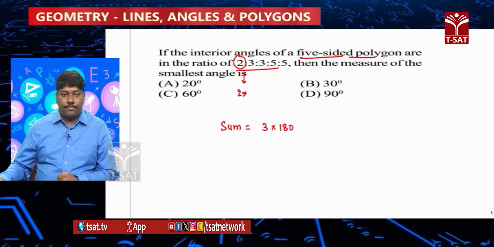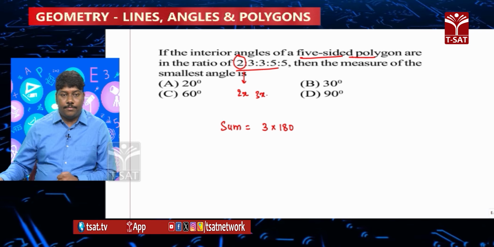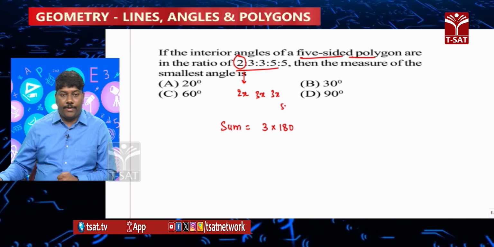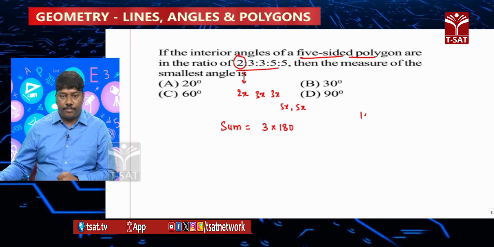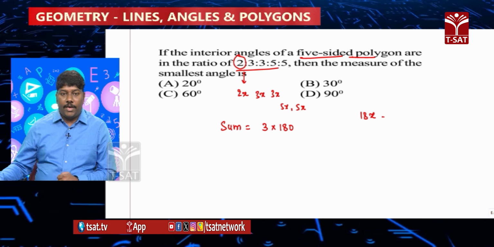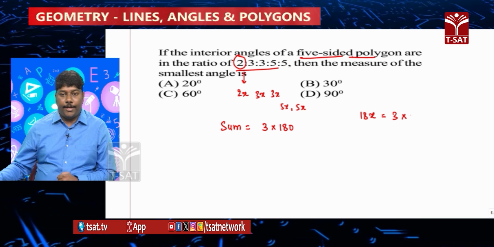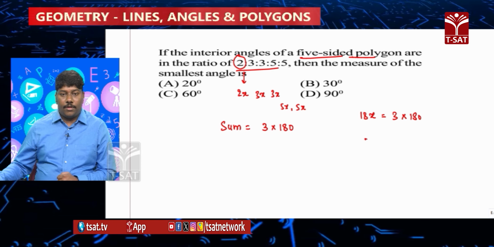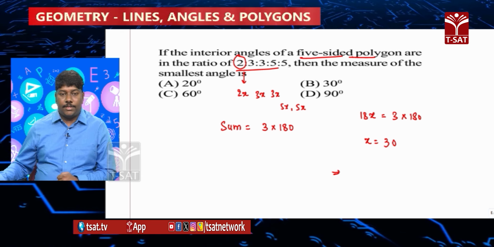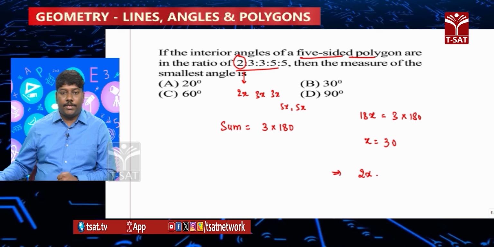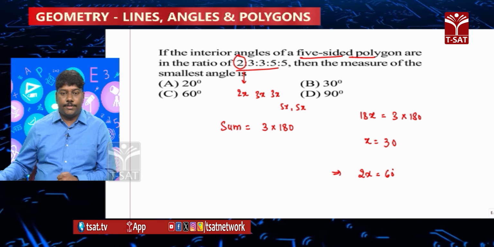Assume the angles as 2x, 3x, 3x, 5x and 5x. Put together, 18x is equal to 3 into 180, x is equal to 30. If x is equal to 30, the smallest angle is 2x, which is equal to 60 degrees.